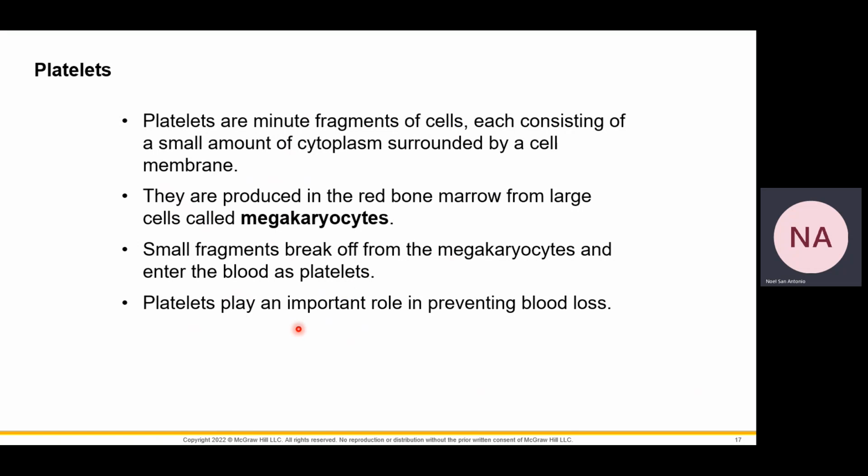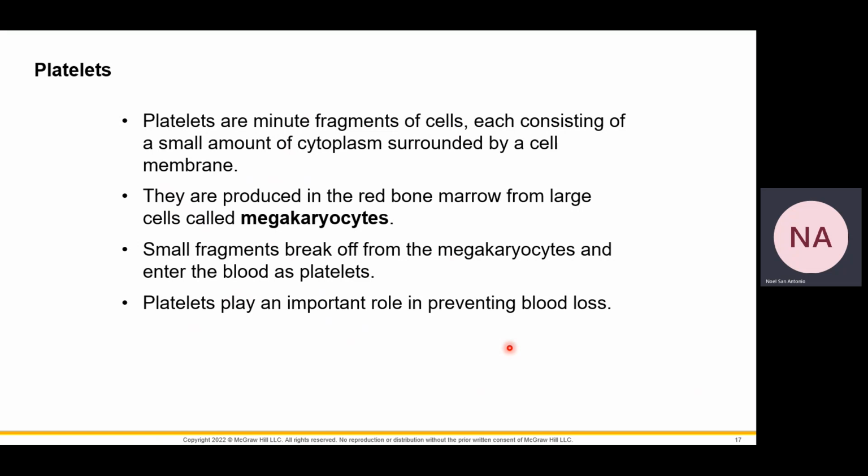And as you know, platelets play an important role in preventing blood loss. It actually prevents bleeding. That is why a decrease in platelet count, which happens when someone suffers from dengue hemorrhagic fever, yun, when platelet count decreases, nagkakaroon ng internal bleeding yung pasyente, which is actually a life-threatening condition.